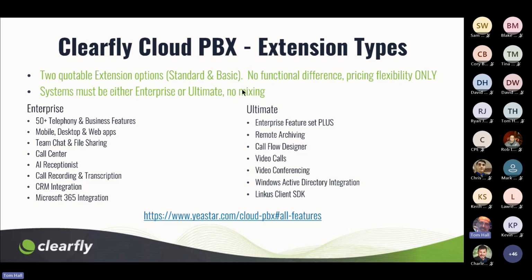Also, one other note: when you look at the Clearfly portal, if you're doing quoting or creating orders, there will be an option under each Enterprise and Ultimate for a standard and a basic seat. Functionally, there's no difference. They were created just to provide you with some flexibility from a pricing standpoint when you're selling the solution.